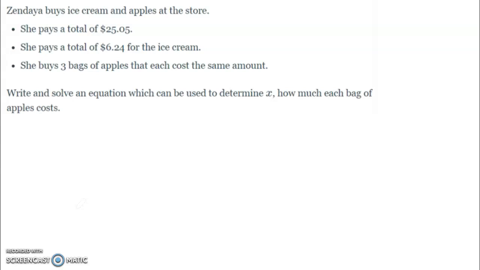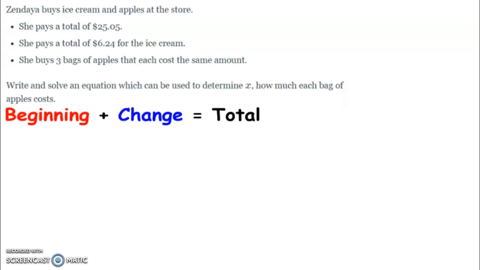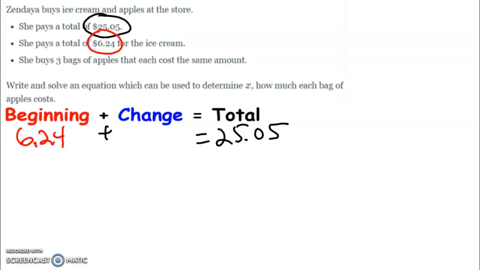Each costs the same amount, right? So we want to figure out how much it is per unit, or per bag of apples. So we're going to start off with beginning, change, and total. They give us the total first, 25.05. She pays a total of $6.24 for the ice cream. So that's a flat fee. That's what she begins with. Then each bag of apples that she buys, that's going to be your change.